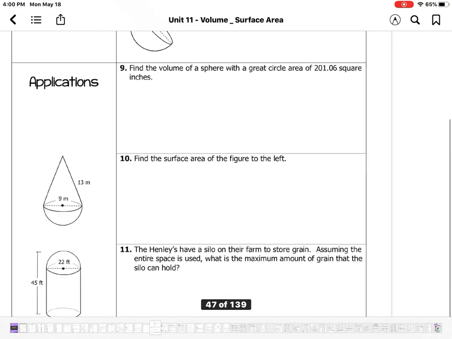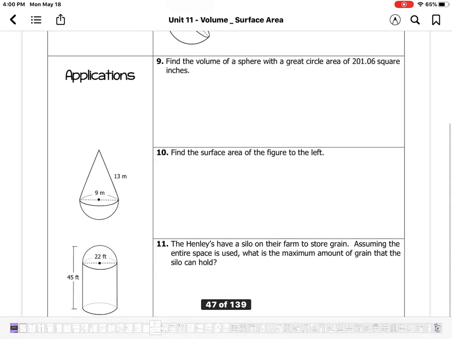Let's go ahead and look at some applications here. It says find the volume of a sphere with a great circle area of 201.06 square inches. So we need to find the radius of this sphere.